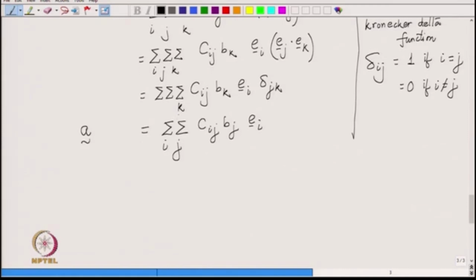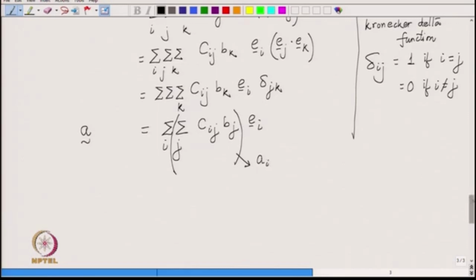And you see carefully, if you put your bracket here, it is not this A_i, because vector A you could write as A_i e_i. So, this is basically A_i.